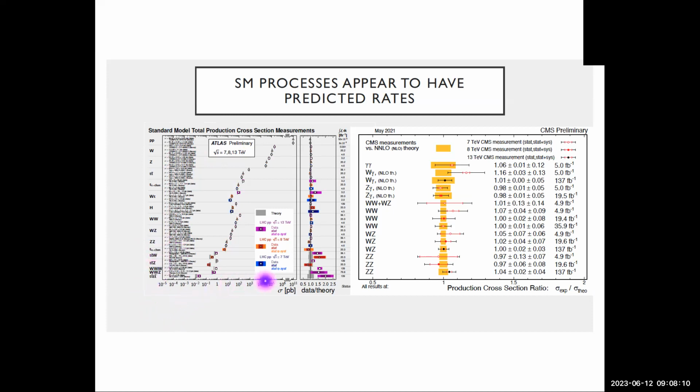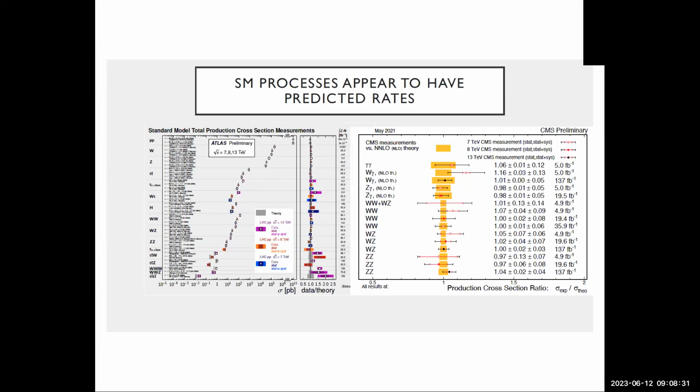Here are the cross sections coming across, and you see that they span many, many orders of magnitude. The theory is these gray boxes, and the circles are the measurements at the different energies.